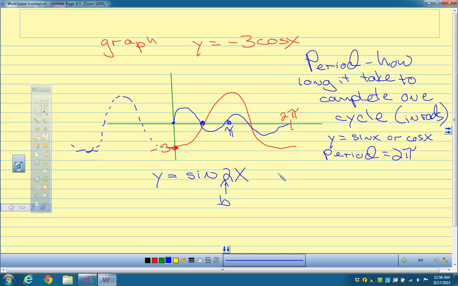But there's a formula. The period is equal to 2 pi divided by b, and b is equal to 2 pi divided by the period, right? So a lot of times you'll look at the equation and it'll say sketch the graph, and you'll have to figure out what the period of that graph is.